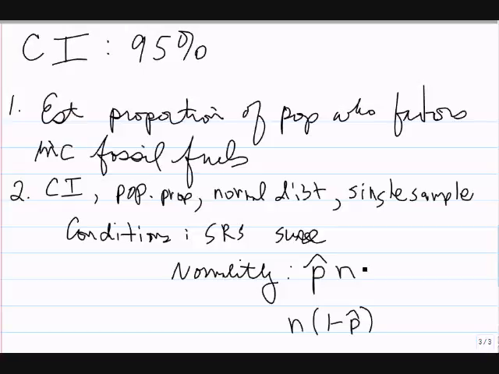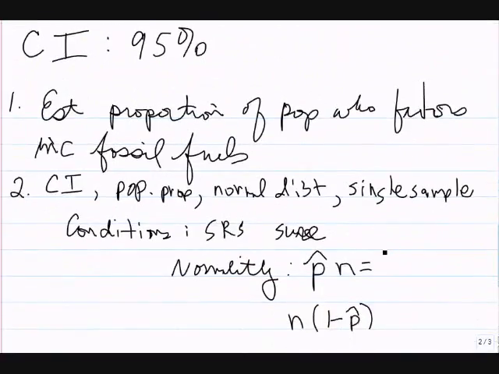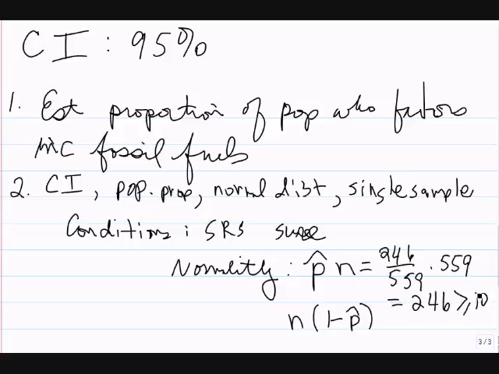So our n was 559, but our sample proportion was, how much was it? 246 out of 559. Times the 559 is 246, which is greater than or equal to 10. And what's 559 minus 246? 313 is also greater than or equal to 10.